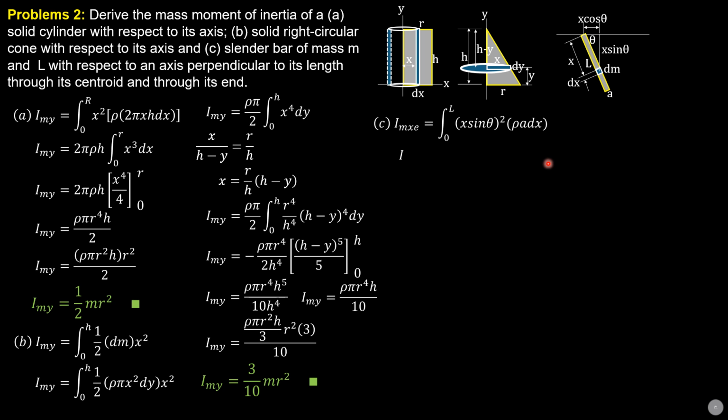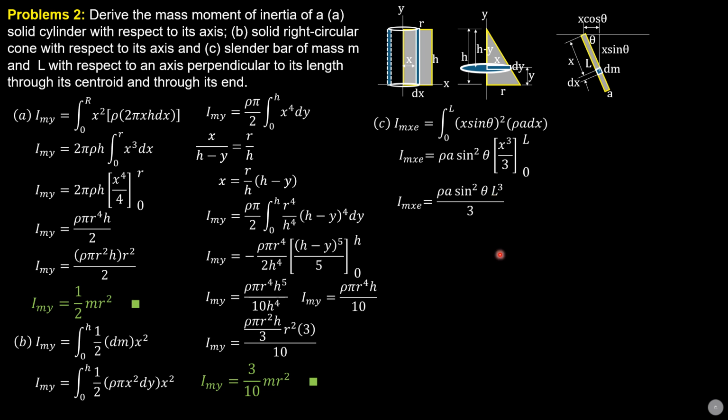So I_mxE equals rho A sine squared theta, quantity x cubed over 3 from 0 to L. Therefore, it is equal to rho A sine squared theta L cubed over 3. And we factor out rho A L, breaking L cubed into L and L squared.